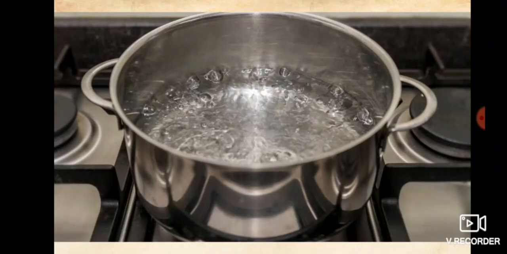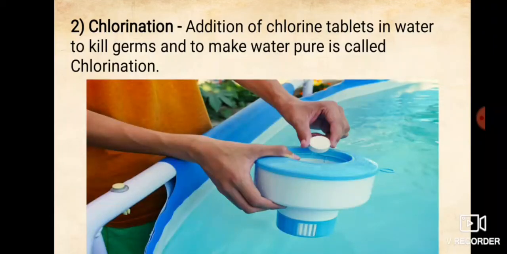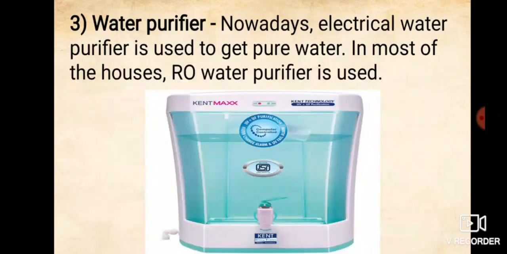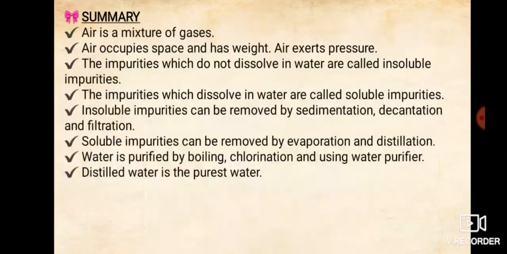Chlorination. Addition of chlorine tablets in water to kill germs and to make water pure is called chlorination. Water purifier. Nowadays, electrical water purifier is used to get pure water. In most of the houses, RO water purifier is used.